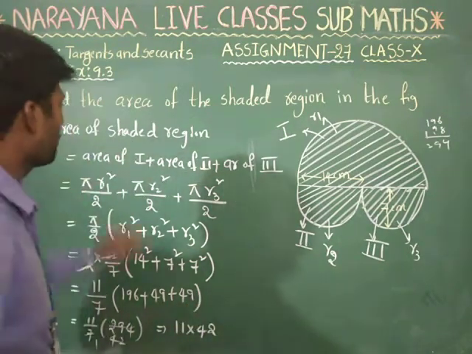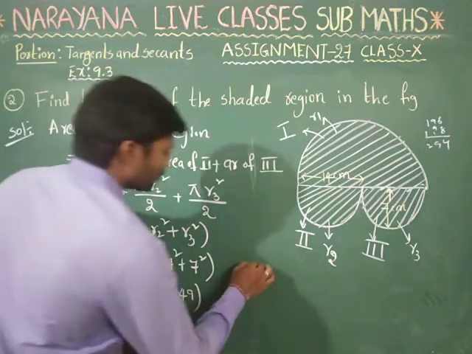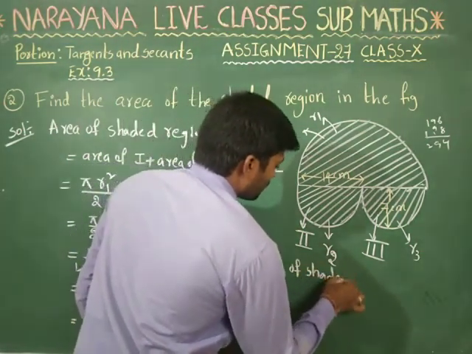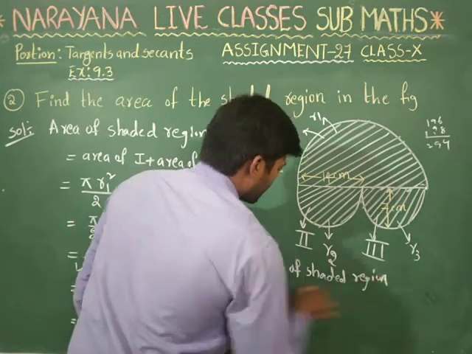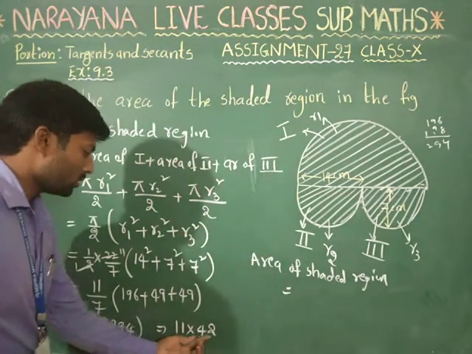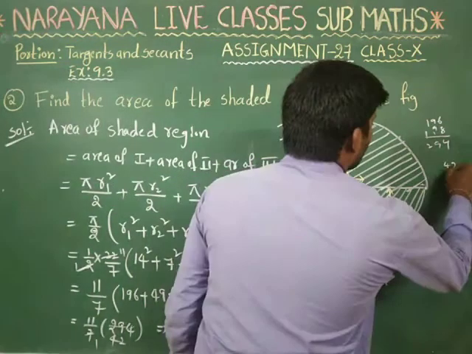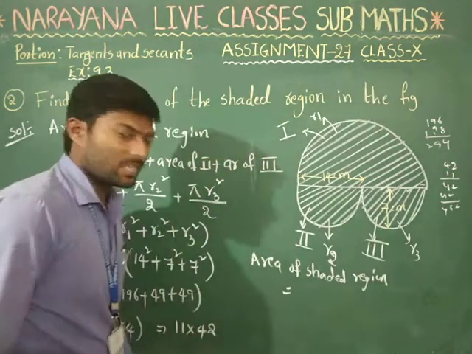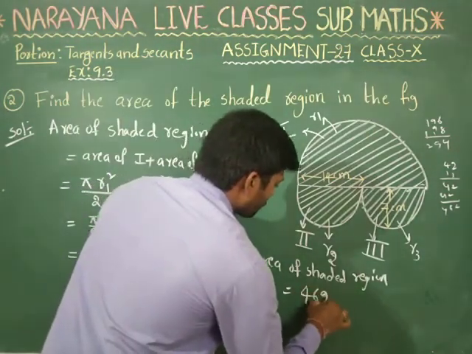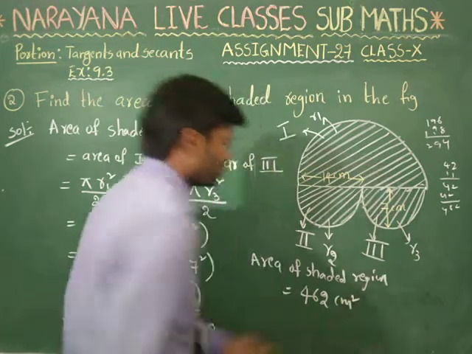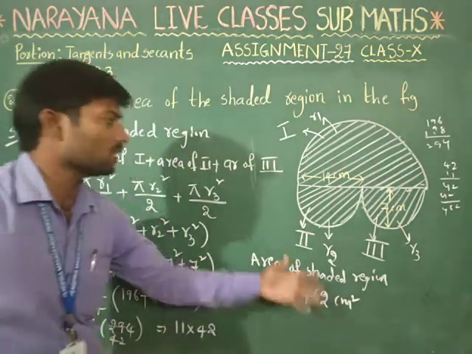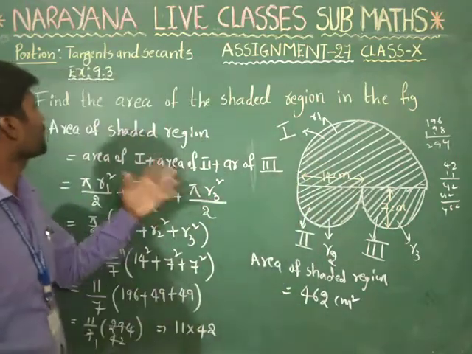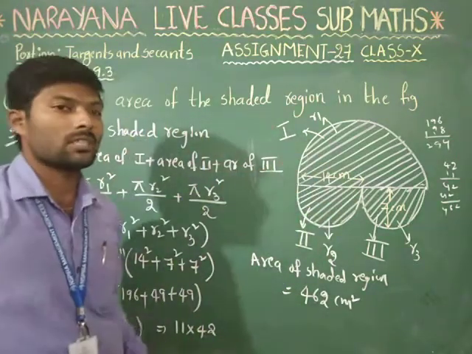Now the area of the shaded region is the product of 11 and 42, that is 42 into 11, which is 462. So 462 square centimeter is the area of this total shaded part. This is the second one, having 3 semicircles.